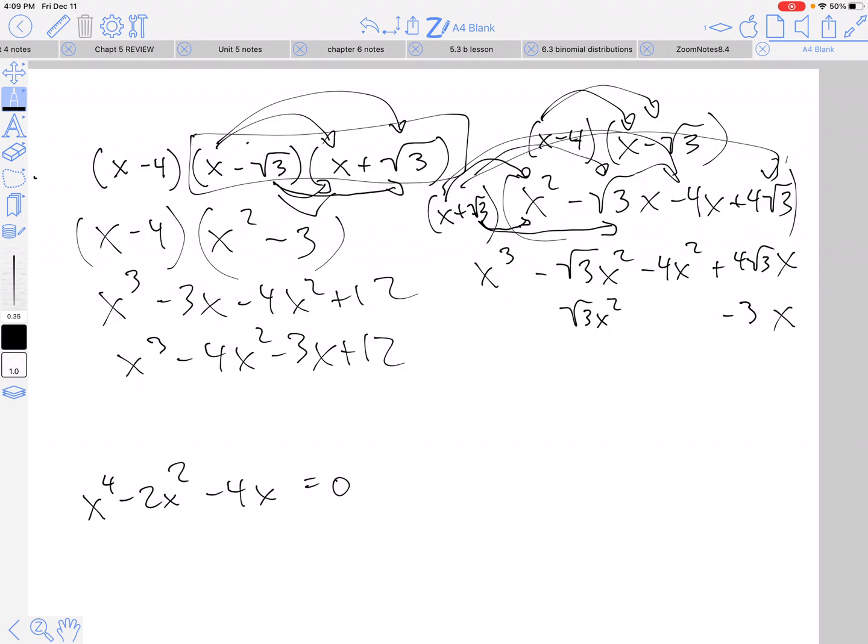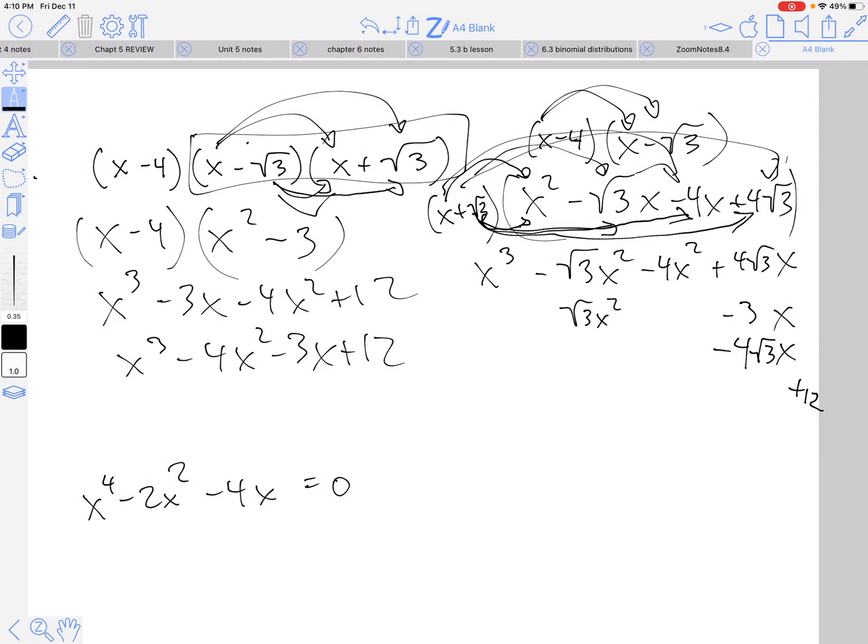Okay, and so then I'm going to do root 3 times that, so I'm going to have negative 4 root 3x, and then this last one, I'm going to have root 3 times root 3, which is 3, and then 3 times 4, which is 12. And I kind of ran out of room, but we're going to have plus 12.